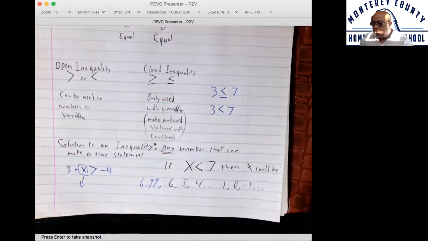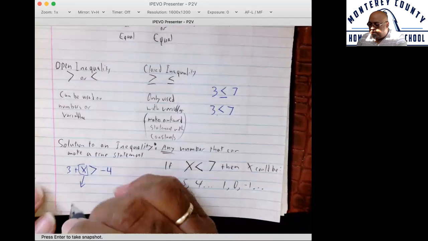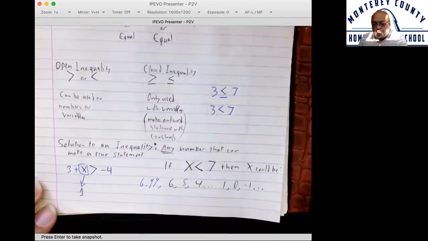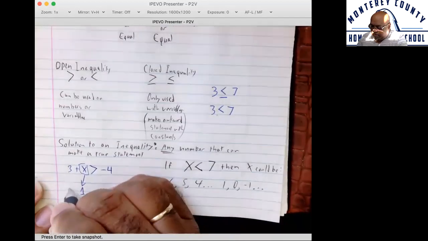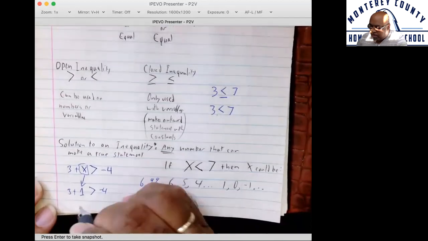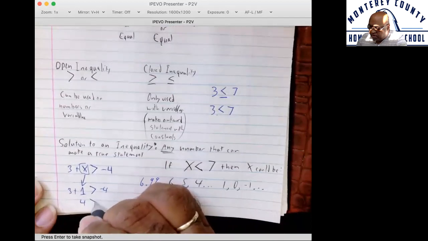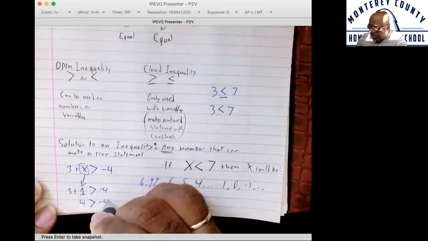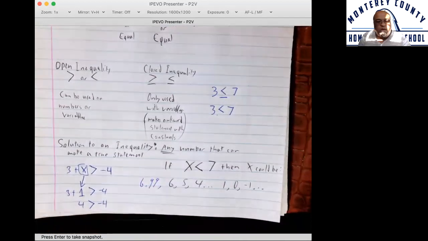Okay, so let's see. If this is greater than -4, then let's just say I substitute in 1. So 3 plus 1 is greater than -4. So 3 plus 1 is 4. So then I get the statement 4 is greater than -4. That is true, isn't it? Yes, because 4 is 4 above 0, -4 is 4 below 0.